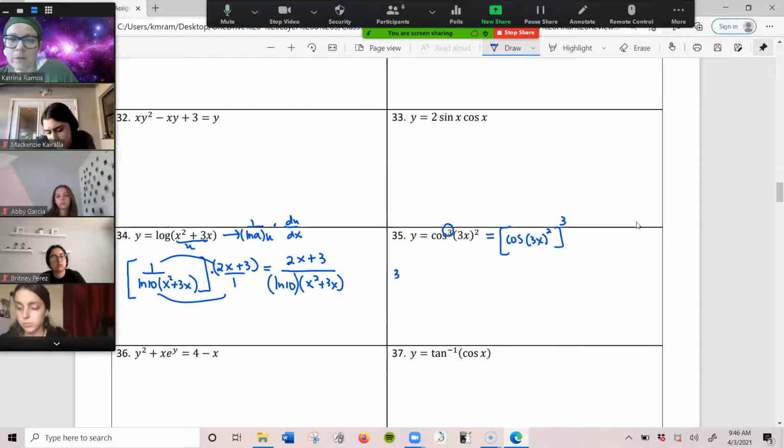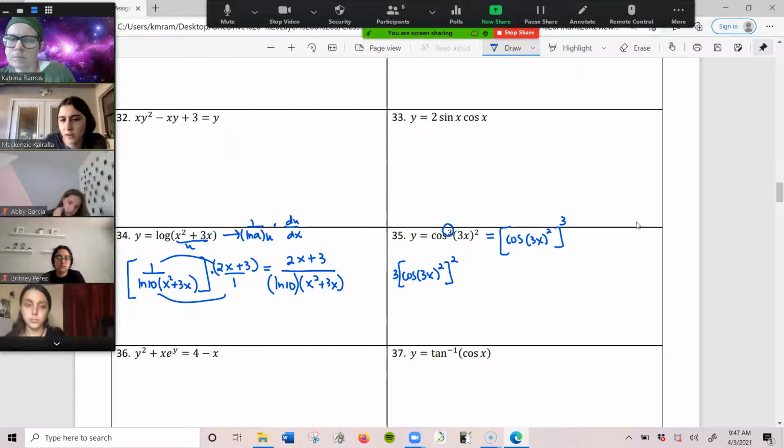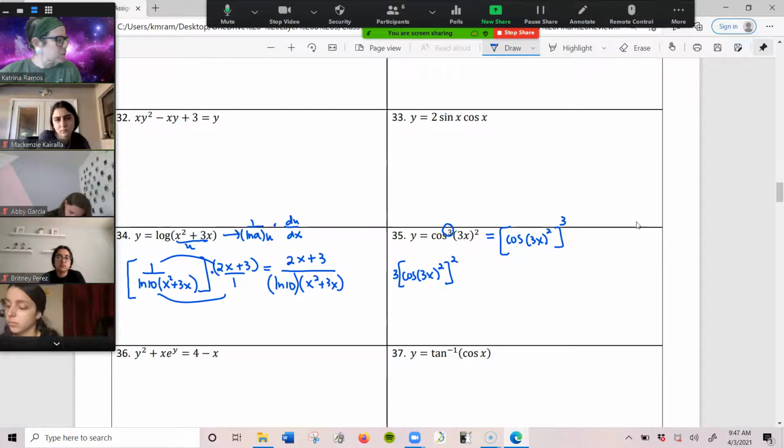So this would be 3 cosine of 3x squared, and then squared. You can distribute the exponent first if you want to. You don't need to. That's up to you. Did I do that? I don't remember. Oh, I did.